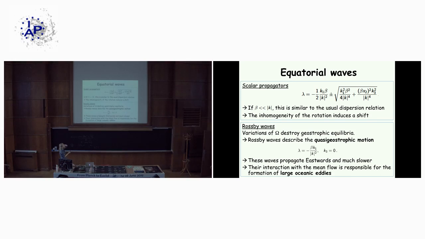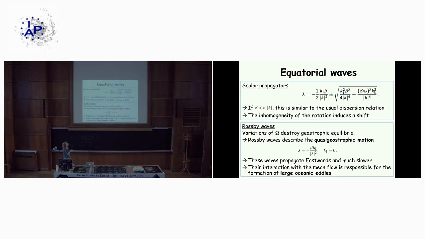And then, instead of the mode 0, you don't have this 0 mode, because this is never 0. You get something where this small shift here is responsible for these Rossby waves. And they are really different. Since they are somehow a bifurcation of this geostrophic equilibrium, they are called quasi-geostrophic motion.